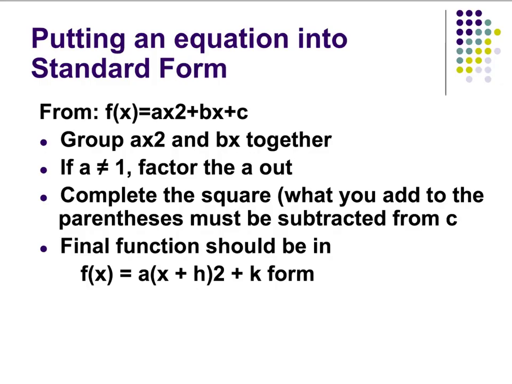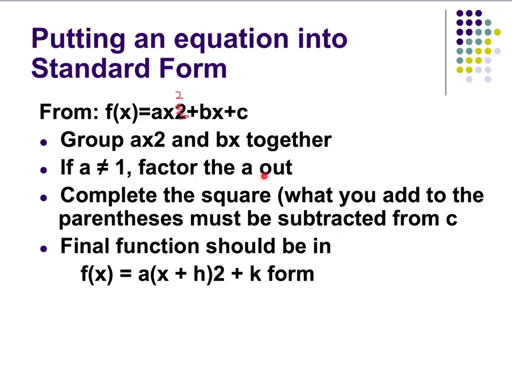Okay. If we don't have an equation in standard form, we can put it into standard form. Again, this should say to the second power. So if we're in this format, ax squared plus bx plus c, we're going to do this by completing the square, so long as our leading coefficient a is 1.